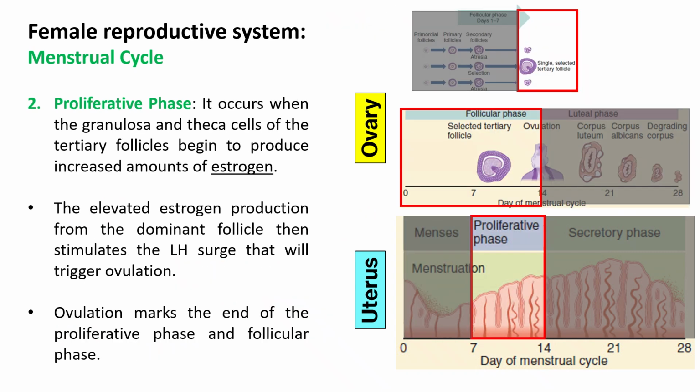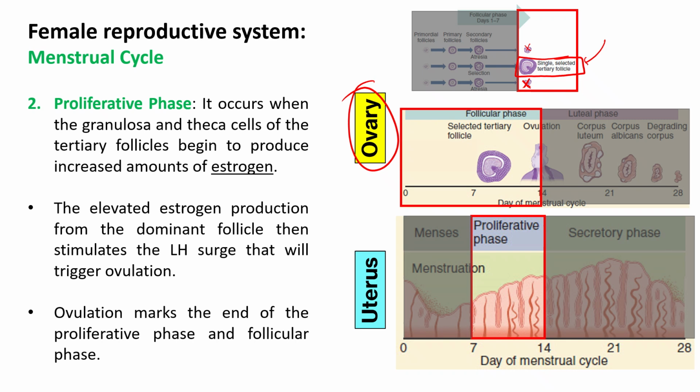If we look at this picture in the ovary during the follicular phase, one single follicle grows enough to become very big, and the other ones will not be able to make it, or will get inhibited by this big single follicle. So this tertiary follicle now produces hormones.